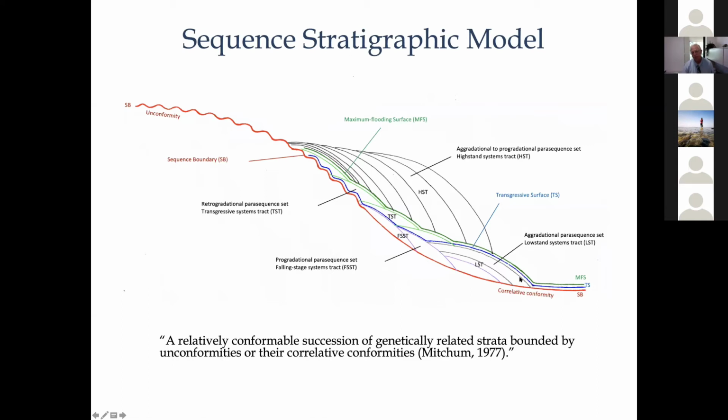The transgressive surface is where sea level starts to rise faster than sediment arrives to the basin. And then the maximum flooding surface is where the sediment supply starts to become greater than the rate of sea level rise, of space production.